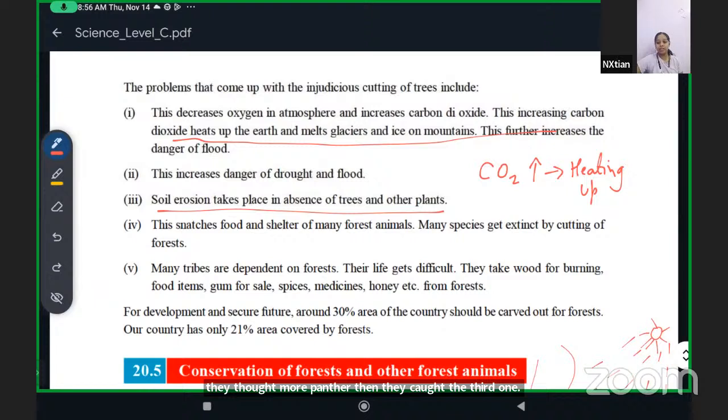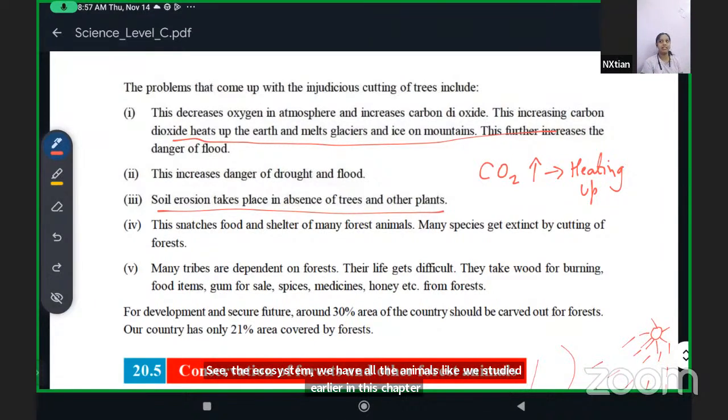So animals are coming into the cities. Why? Because their shelter is being taken away from them. Where would they go if they don't have forests to live in? If there is no forest for them to live in, then they'll come into the cities. So again, food as well. In the ecosystem, all the animals, as we studied earlier in this chapter, are dependent on each other for food.